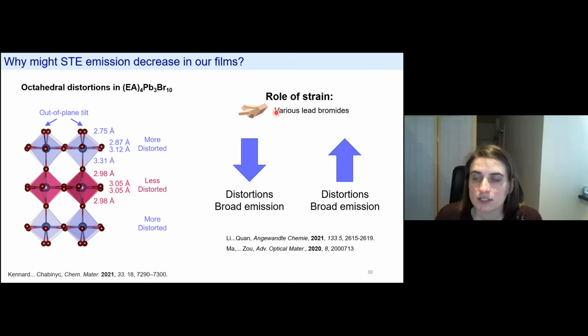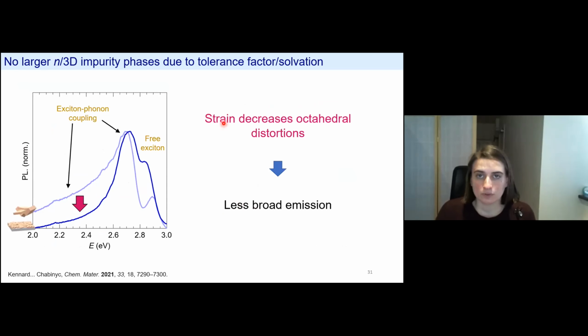There's a number of studies that show that when you apply strain to various lead bromides, if the strain that you're applying is increasing these distortions, you increase the intensity of broad emission. But if the strain that you're applying decreases these distortions, you therefore decrease the broad emission. We know that we have strain in the film, we've measured it, and we see that we have decreased broad emission. So we think that the strain is probably why the broad emission is decreasing.